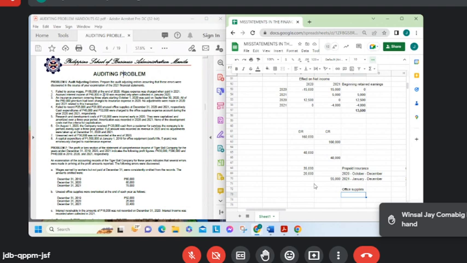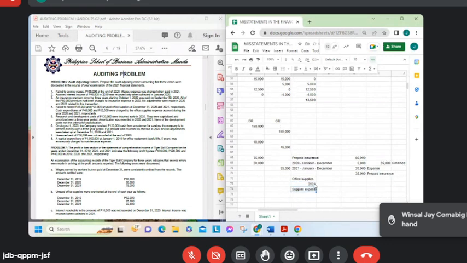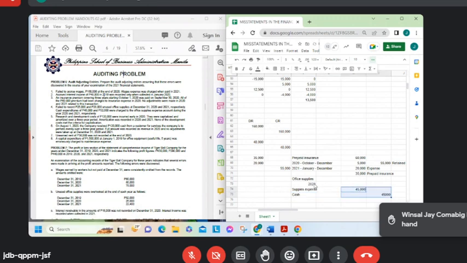So, what the entity did is to record supplies expense, 45,000, then credited cash, 45,000.